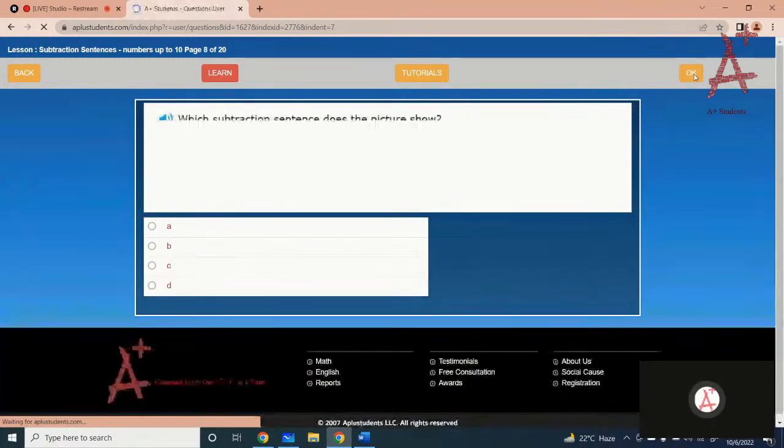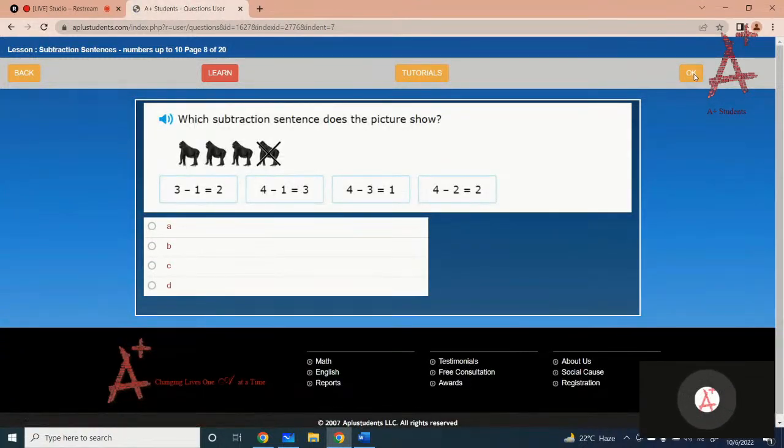Okay, the next one is, which subtraction sentence does the picture show? So which of them is the correct one? Yes, option number 2, not 3. In total, you have four of them.